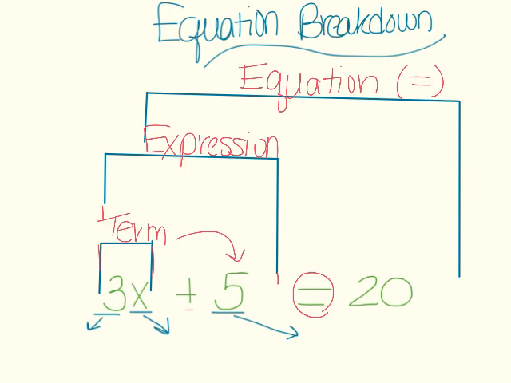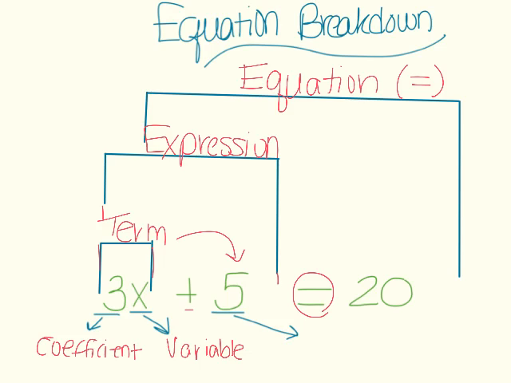Remember right here we have this 3, that's called a coefficient. And then the x is called a variable. So when you have a coefficient and a variable next to each other, they make one term. Okay, and that term is being multiplied together.